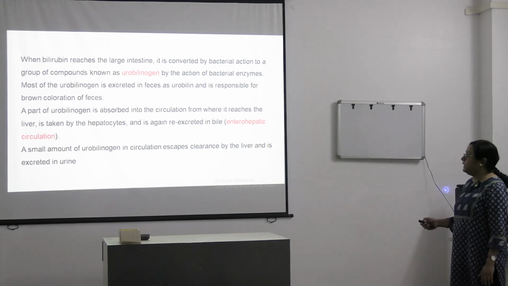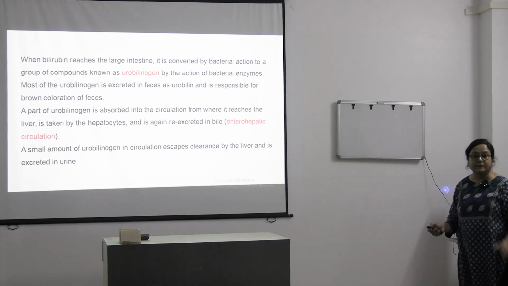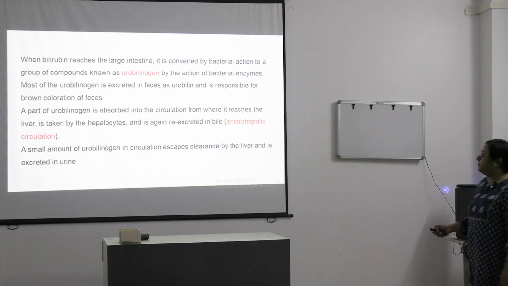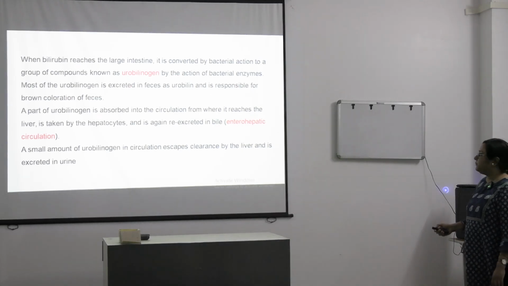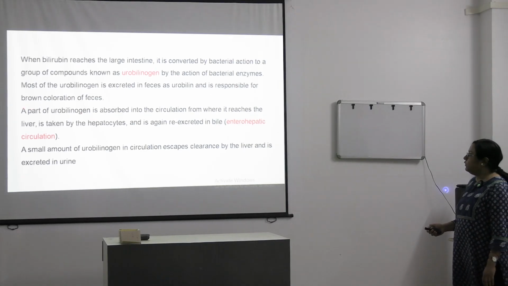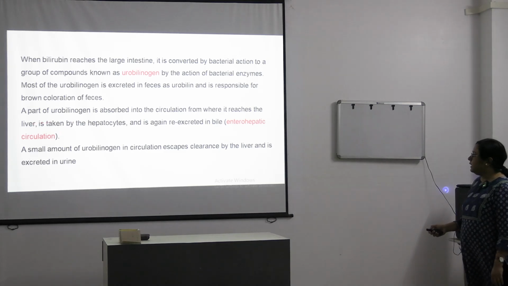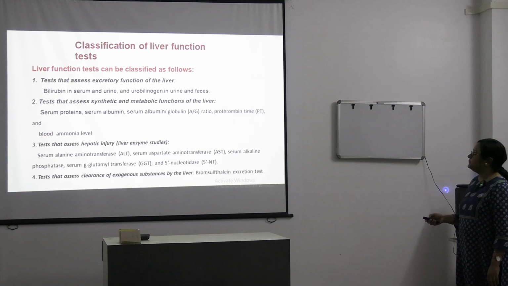Now, the urobilinogen is excreted in feces. The brown color of feces is due to urobilin, and a part of urobilinogen is again re-excreted in bile. This is called enterohepatic circulation, and a small amount is excreted in urine also.